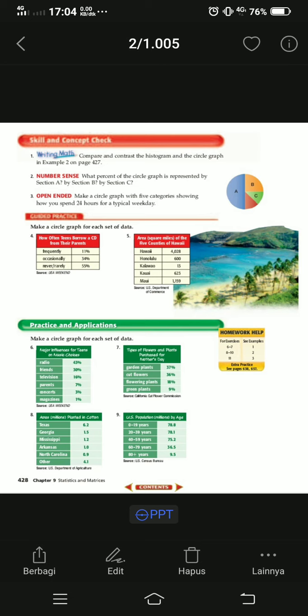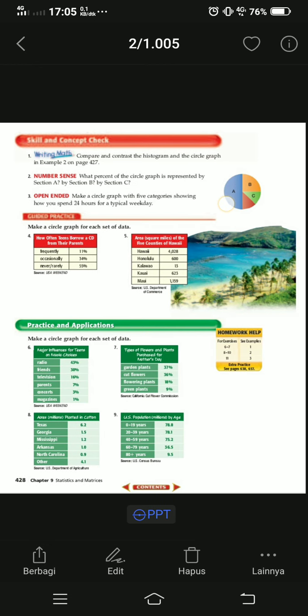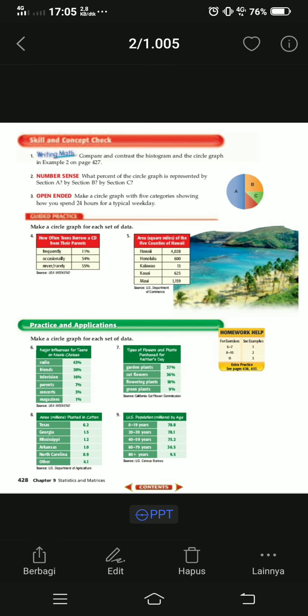What percent of the circle graph is represented by section A, by section B, by section C? Number 3. Open-ended. Make a circle graph with 5 categories showing how you spend 24 hours on a typical weekday. There is the diagram A, B, C.